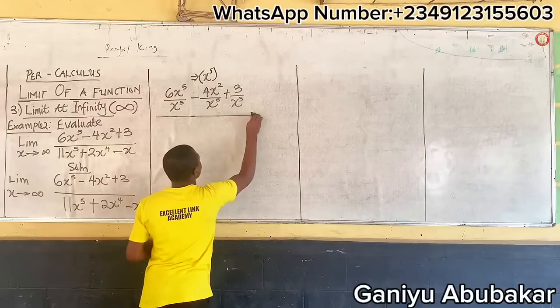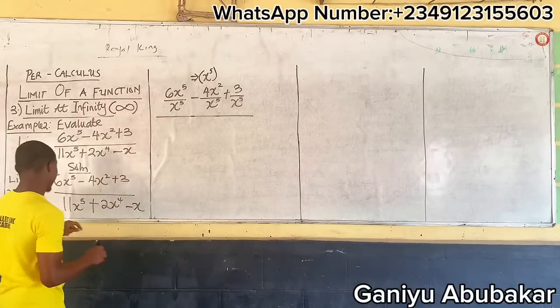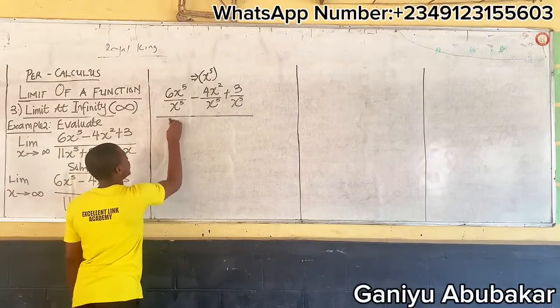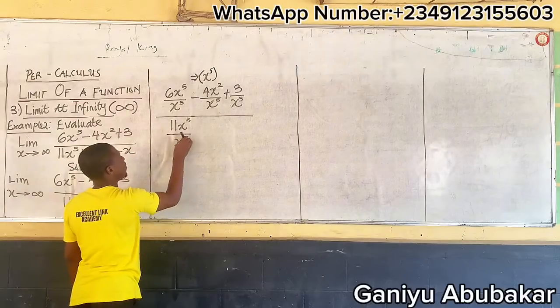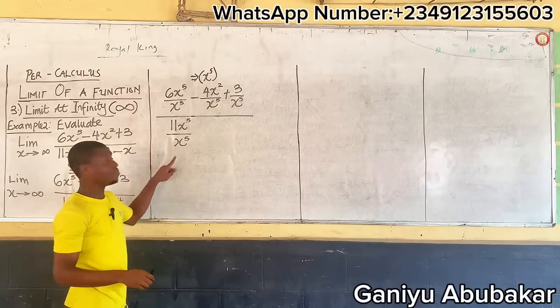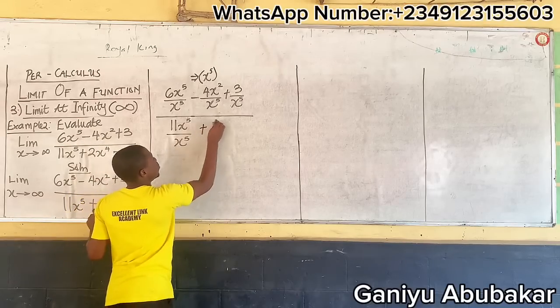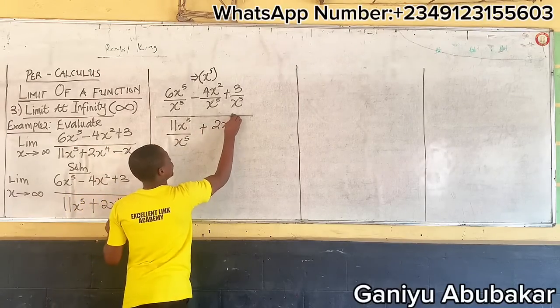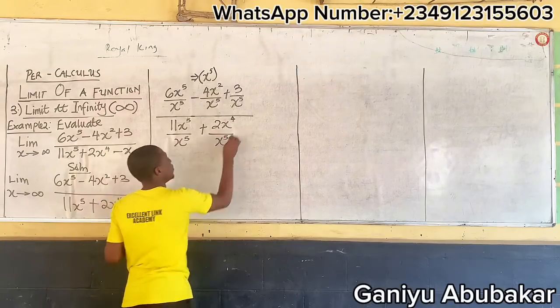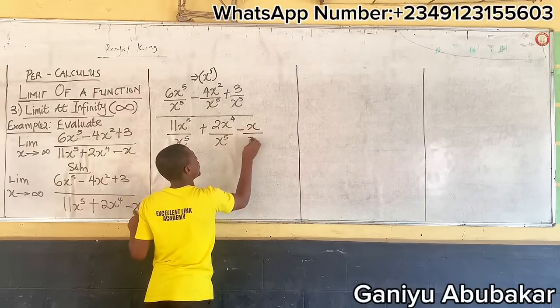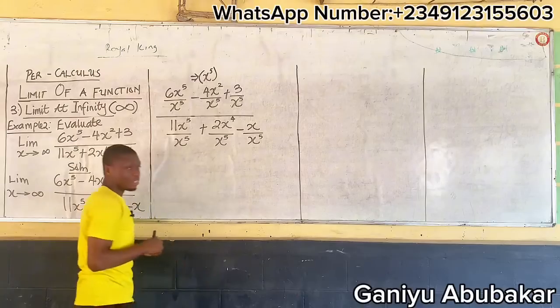All over, check your denominator: I have 11x to the power 5 all over x to the power 5 as the x power, plus 2x to the power 4 all over x to the power 5, minus x all over x to the power 5. So I have this.